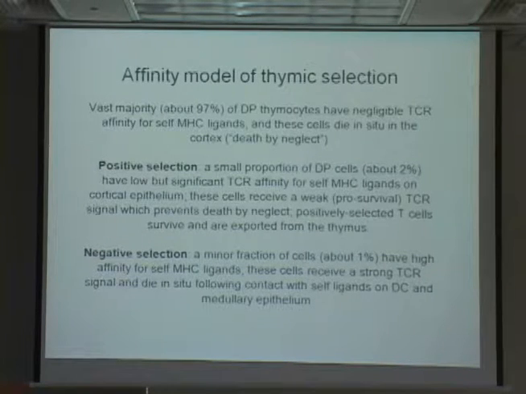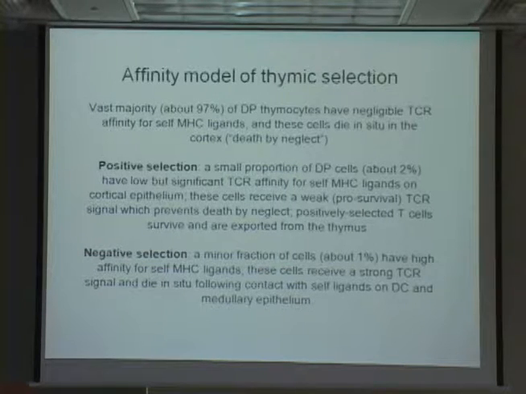Only about 2% of cells are actually selected for export. And these cells, the 97% or so which die, they die because they get no signal through the TCR. So because these cells receive no signal, they die from neglect, as we call it, no signal. Now, positive selection. This is when a small proportion of double positive cells, around about 2% or so, has some low but significant affinity for the ubiquitous self-peptides expressed on the MHC molecules on cortical epithelium.